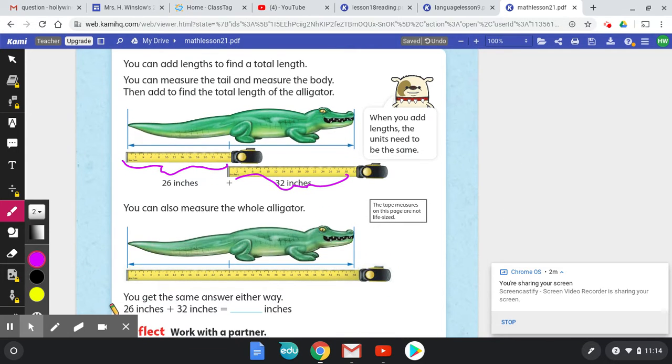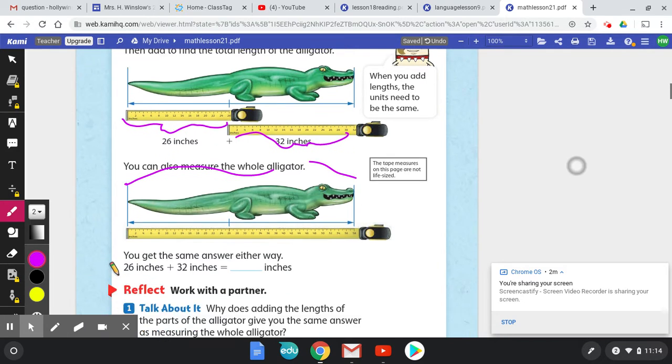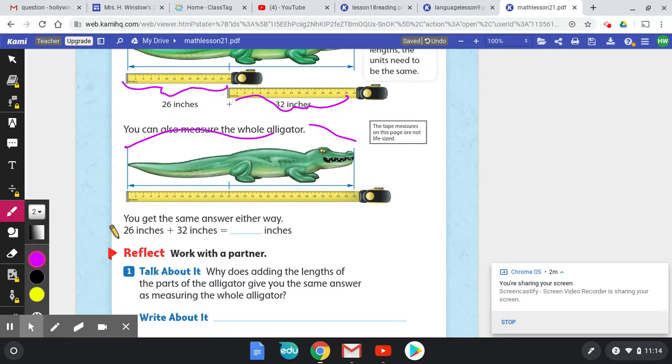Or I could measure from the tail all the way to its nose, which would give me the total in one measurement. All right, either way, I should get the same answer. So if I add 26 plus 32, that is going to give me 58 inches.